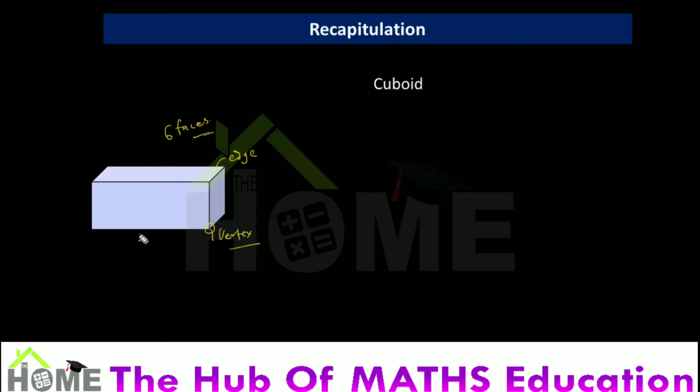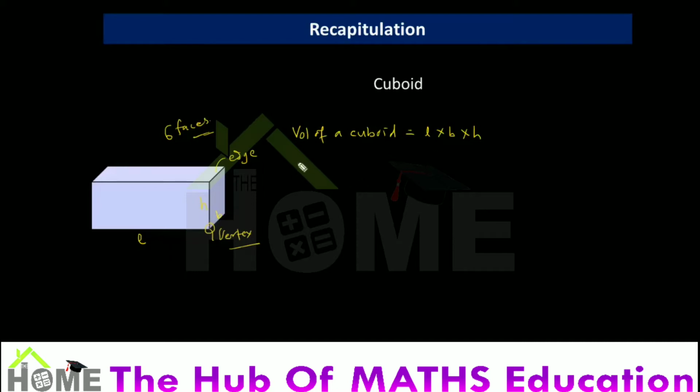This is called the length, this the breadth, and this the height. We have studied in 9th standard that the volume of a cuboid is equal to length into breadth into height.